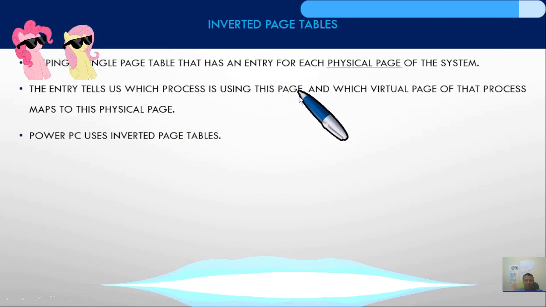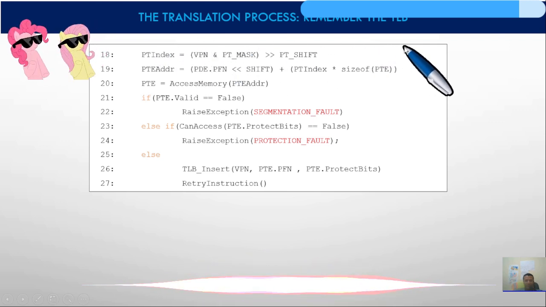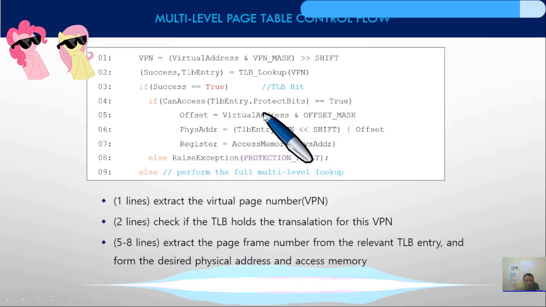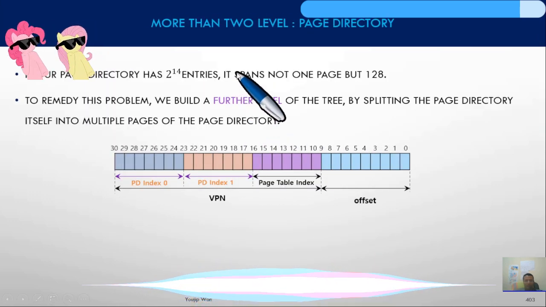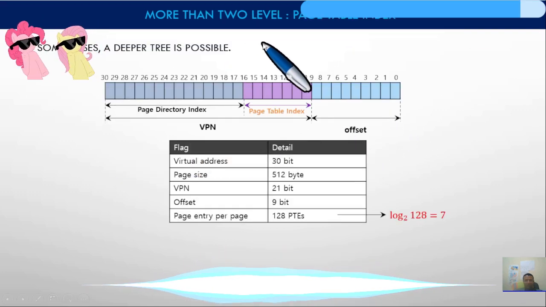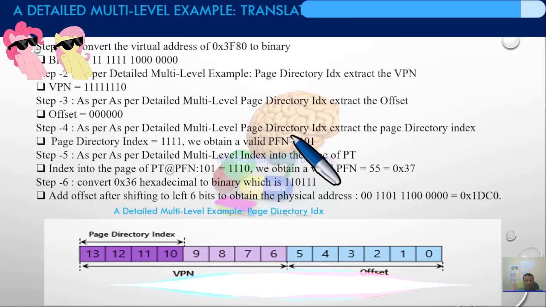So we have seen inverted page tables, the translation processes, all the TLBs, and the control flows, each line of code, and more than two-level page directories and page table indexes, if there are more than two levels.